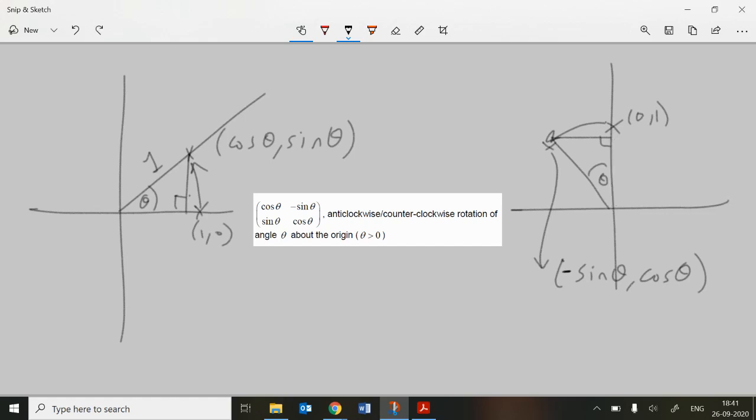Now if we combine those two things together for our anti-clockwise rotation, we want to combine those to act on not just 1, 0 and not just 0, 1, but any x value and any y value. I'm going further than even saying the coordinate point 1, 1 here.